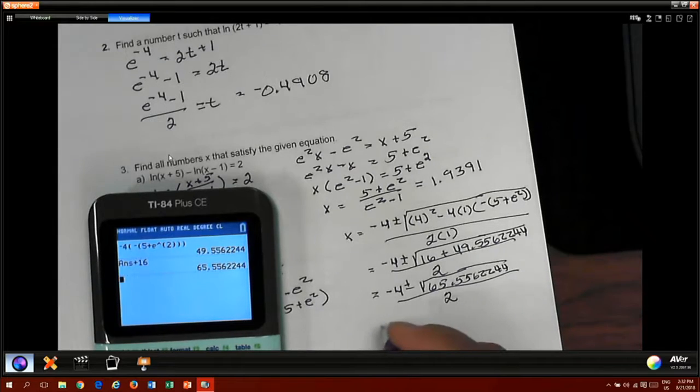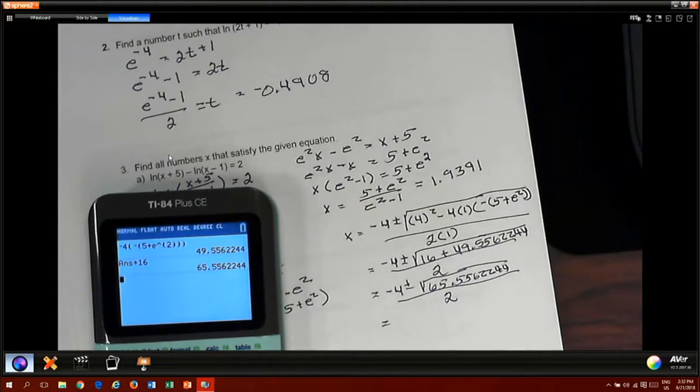Which gives us, okay, negative 4 minus the square root of 65.5562244 divided by 2.